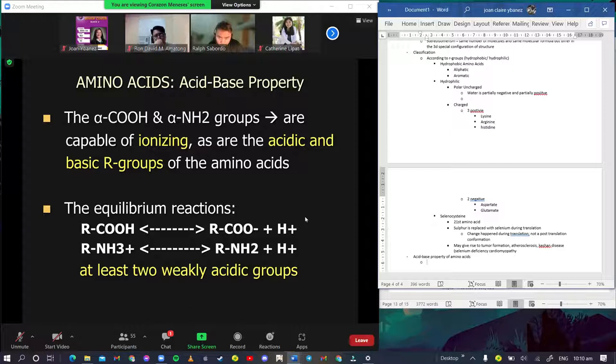So, important is we have the ionizable groups in the alpha amino and carboxyl group, as well as in the acidic and basic group. Then, as mentioned, it depends on what we call the pK value.